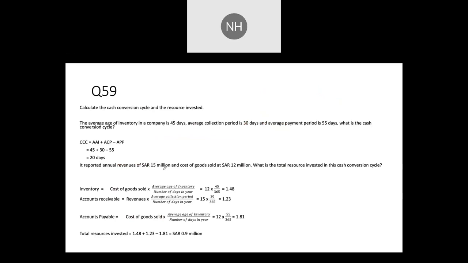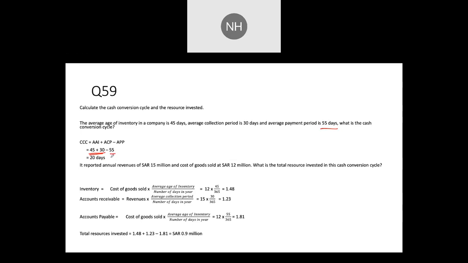So if the operating cycle for the company is 75 days, then further the question says the average payment period is 55 days. So what is the cash conversion cycle? We already said the operating cycle is 75 days. We just subtract the payment period because payment is money going out and the operating cycle is money coming in.